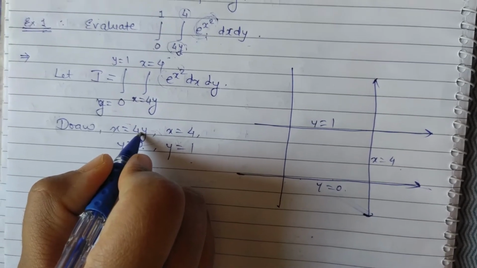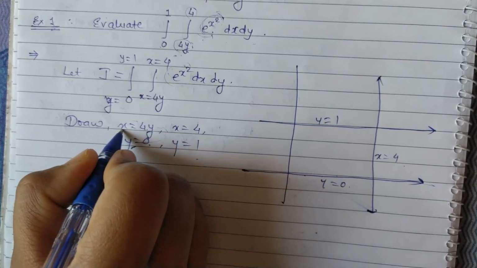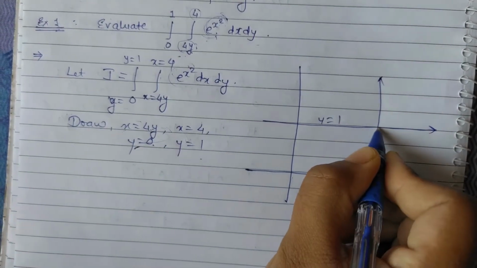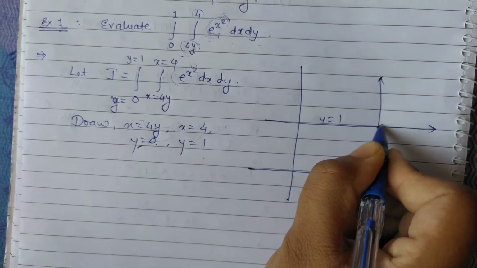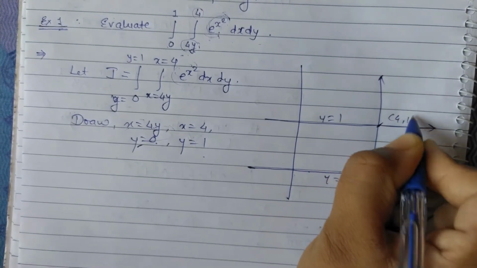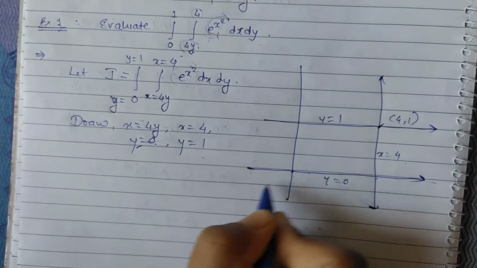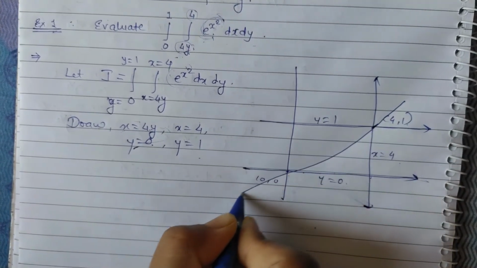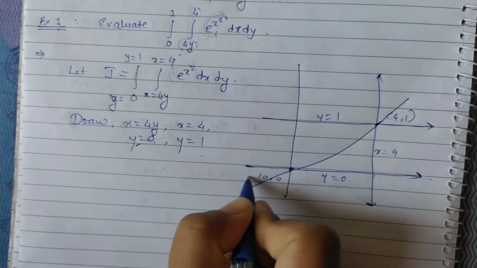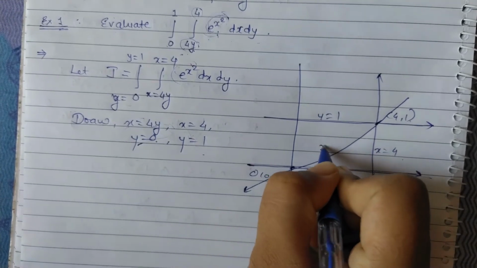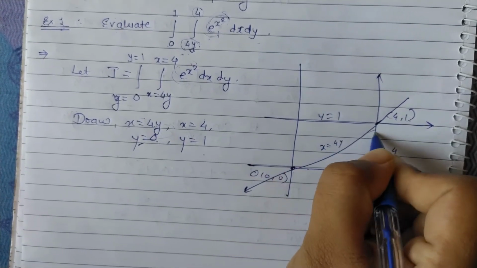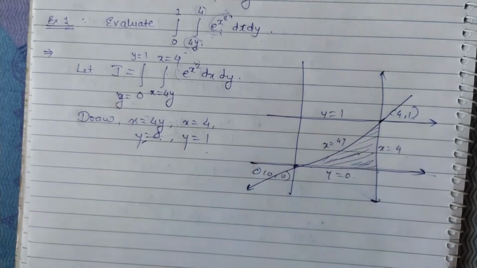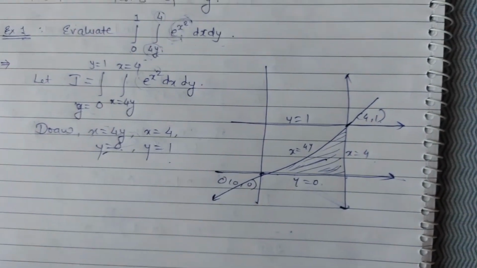Now put x equal to 4, then y is 1, so this point is (4, 1) and the other point is (0, 0). So this is the line x is equal to 4y, and this is the area over which we need to integrate.